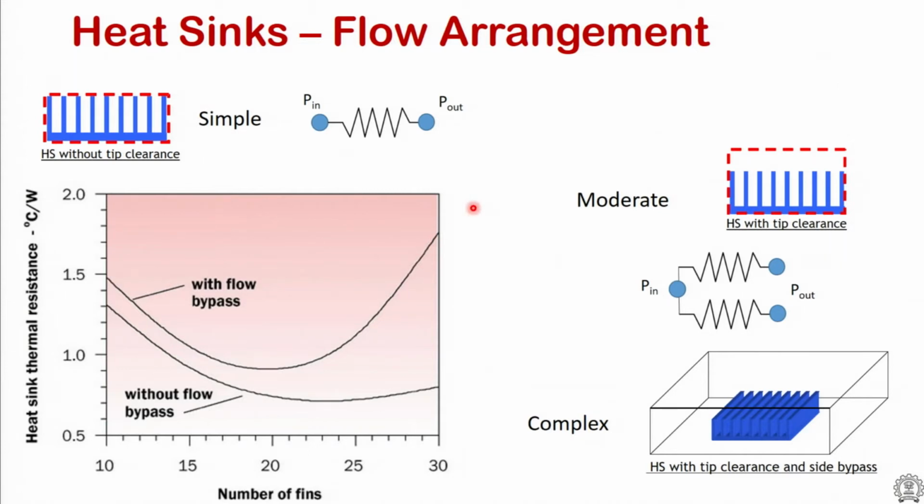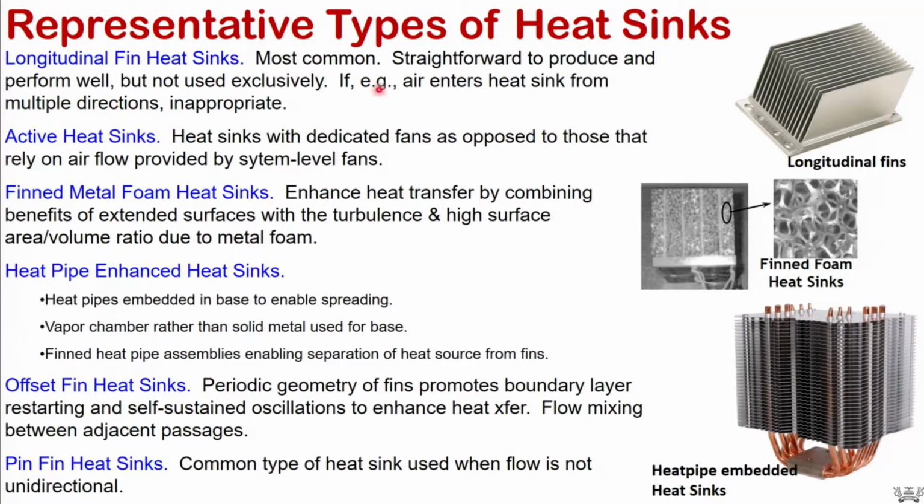So what we are going to do is focus only on heat sinks without tip clearance. There are a number of types of heat sinks available in the market. We are going to focus on what are called longitudinal fins because those are the workhorse in the industry.